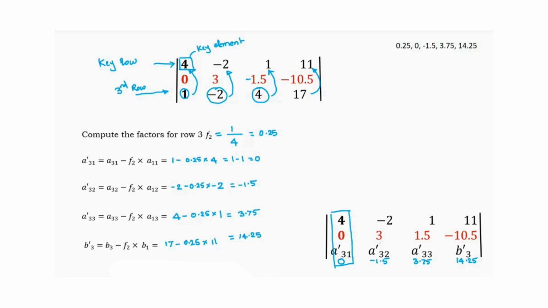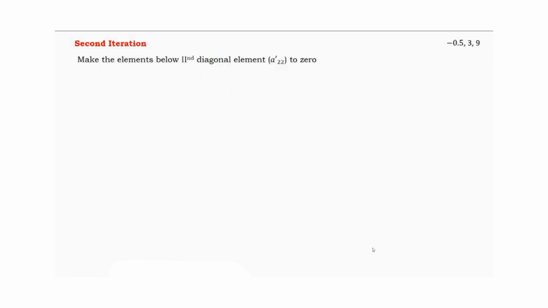The next aim is to make this upper triangular, so we have to make this value 0. For that, again we have to perform one more iteration. I am referring to this as the second iteration, to make the elements below the second diagonal element, that is A22, 0. For that, see here, this is the second diagonal element.